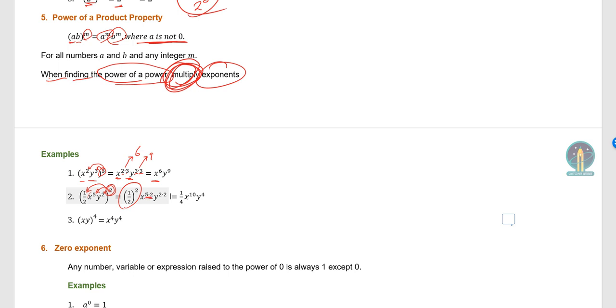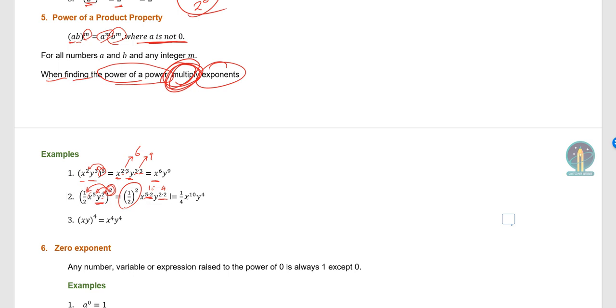And then it distributes to the y to the 2nd, so y to the 2 times 2, right? So 5 times 2 here is 10, and 2 times 2 here is 4.